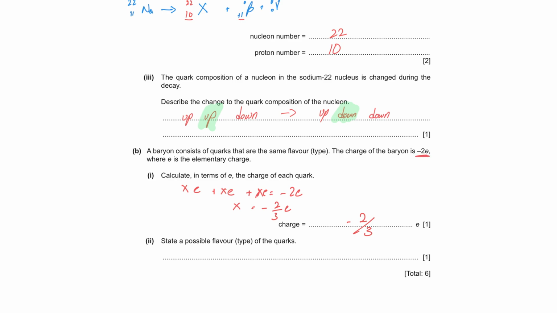State a possible flavor of the quarks. Now you need to know what flavors have a charge of -2 by 3. So up quark, charm quark, or top quark. These 3 quarks have a charge of +2 by 3e. On the other hand, down, strange, and bottom have a charge of -1 by 3e.